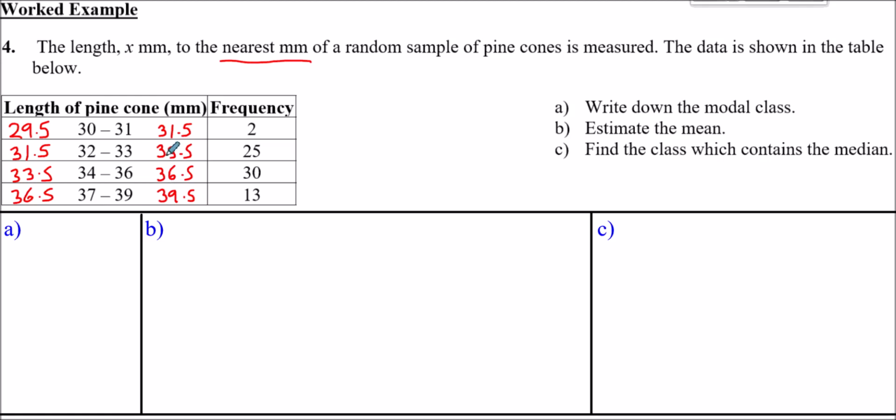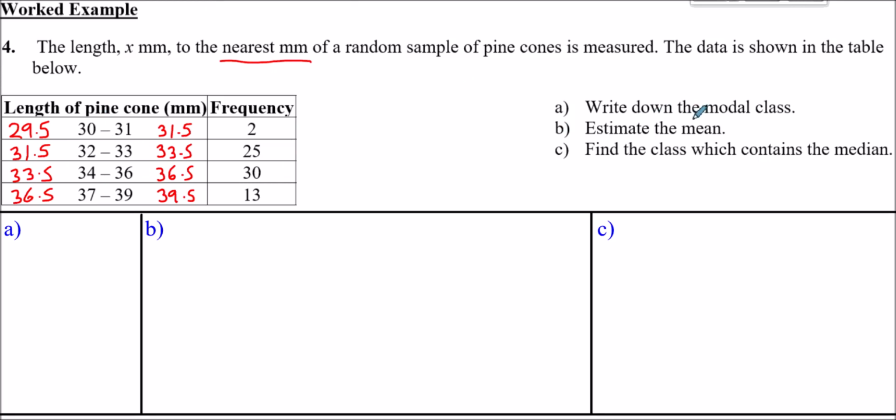So we can think of this as being this symbol here and strictly less than on the other side. Okay? So we can think of it as being these two symbols. So this is the absolute limit, but can't actually be this value. At any rate, we don't need this for part A, but this is a good practice to get into.